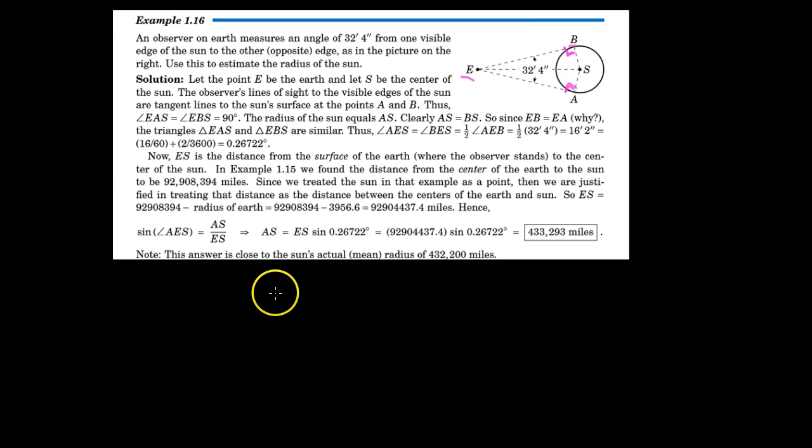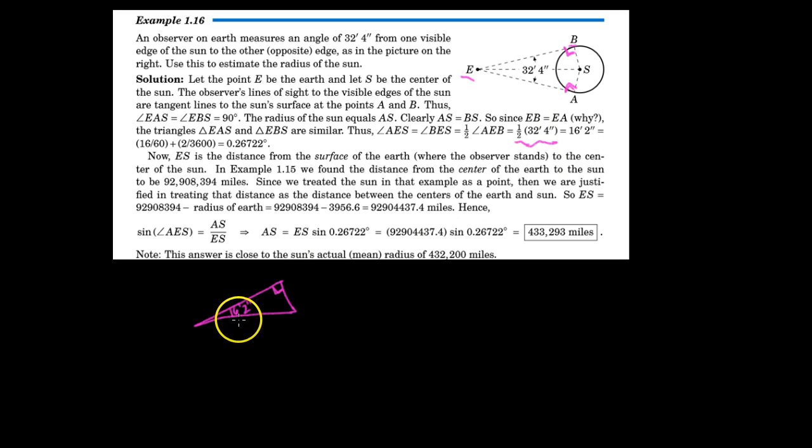When you draw these pictures, if you're getting confused looking at the whole diagram, you can take it away and just look at the upper half of this triangle. As they do right here, they take half, and you can actually do that with degrees, minutes, seconds. Take half of 32 and 4, and you get 16 and 2. So we know that this angle is 16 minutes, 2 seconds.